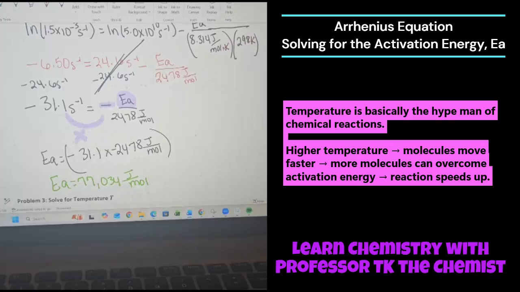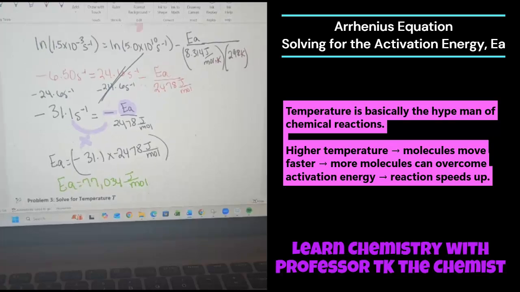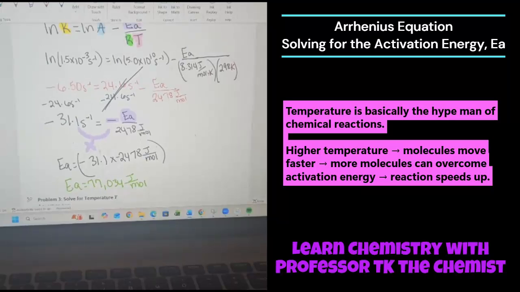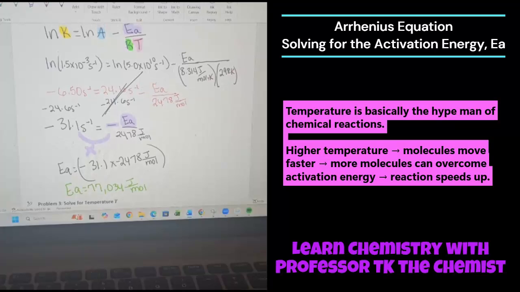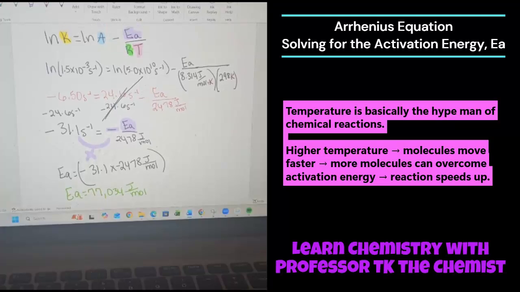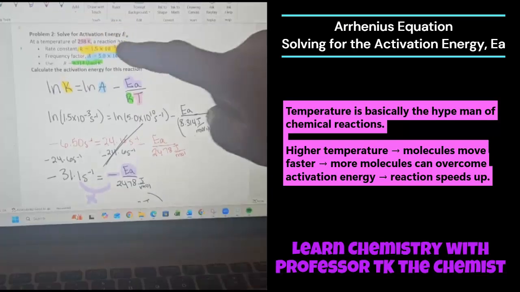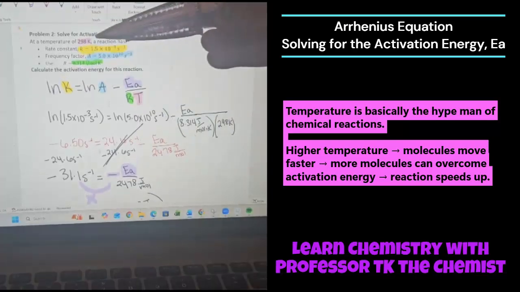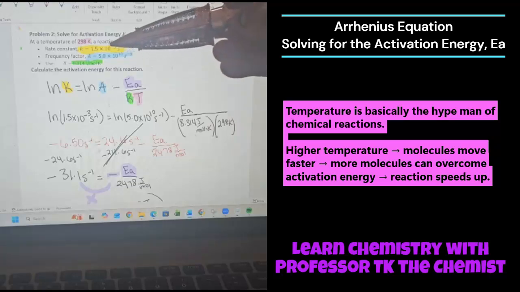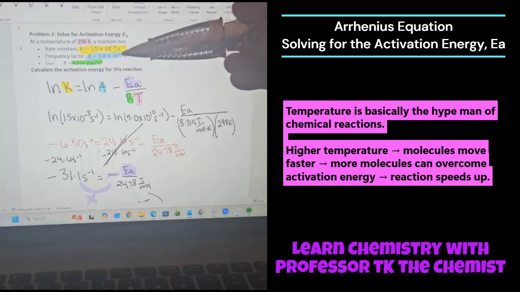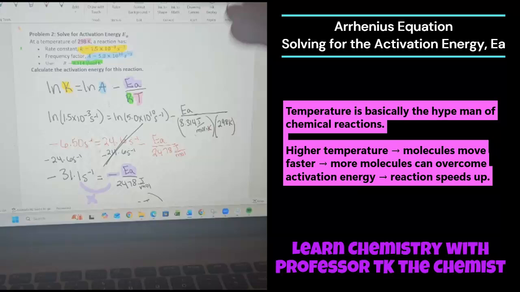I'm going to take this back from the top again so that we can see how we solve this problem. Because again, some of you all may have just stepped in while we were in the middle of doing it, and you're like, what the heck? Okay, so here's the problem. We were given the temperature, the rate constant, the frequency factor, and the gas constant.